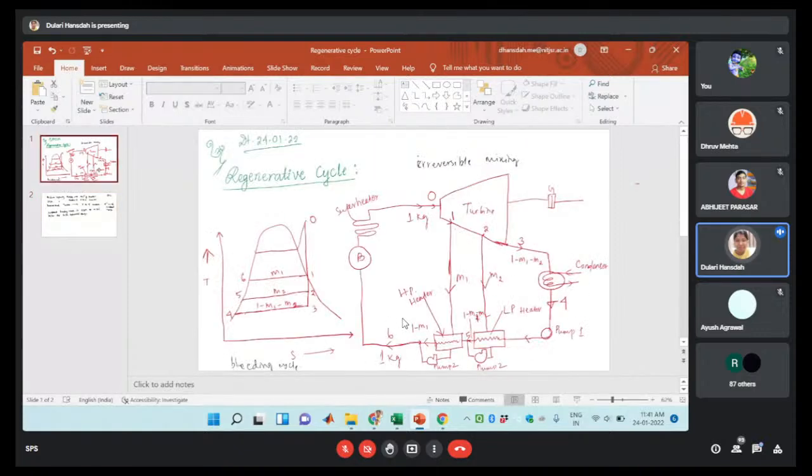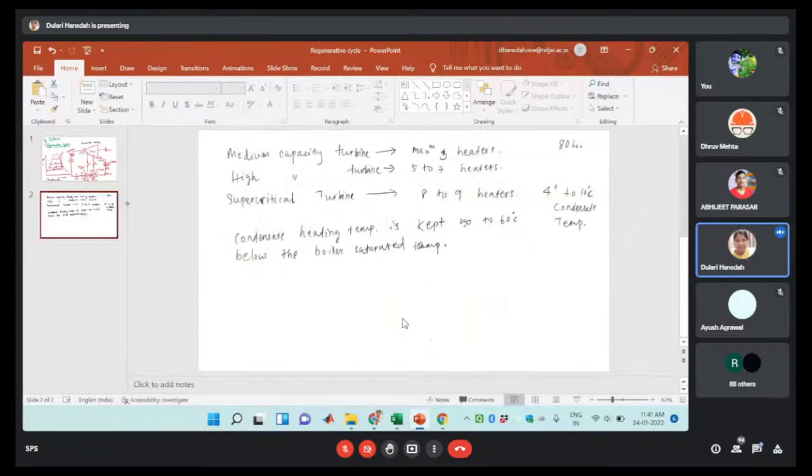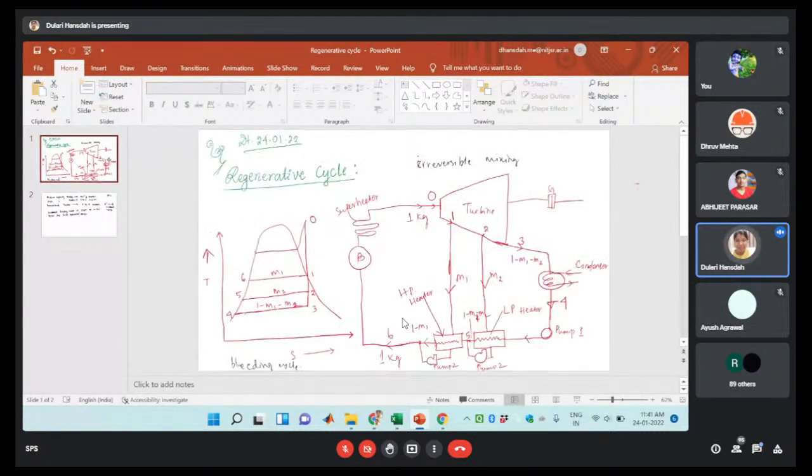To avoid that, the condensate temperature should be kept below the boiler saturated steam temperature, that is, it should be below by 50 to 60 degrees Celsius. So this is also another criteria for the condensate which enters the boiler.